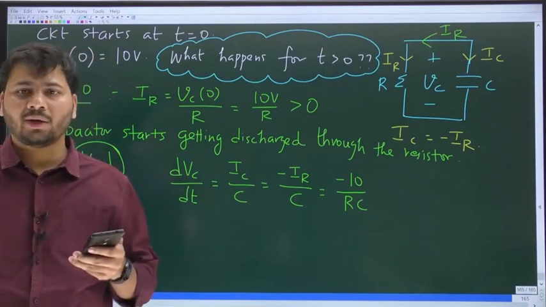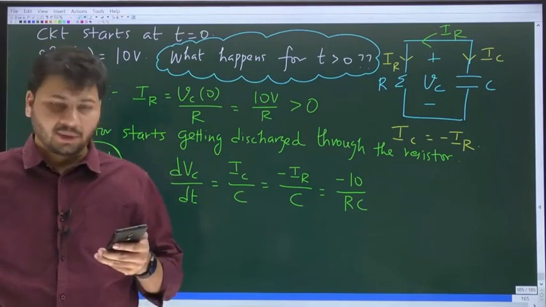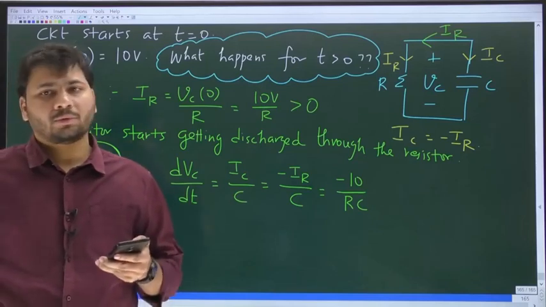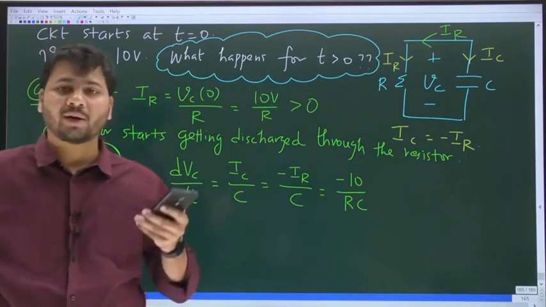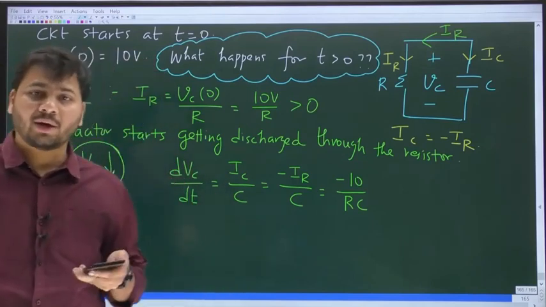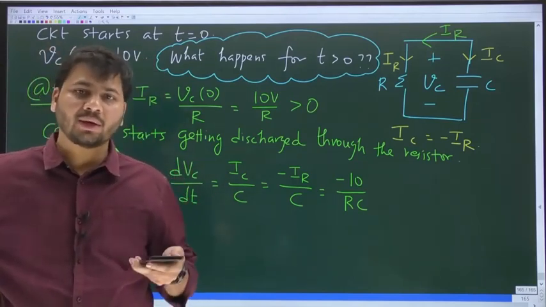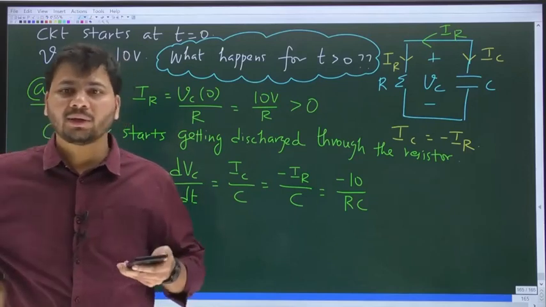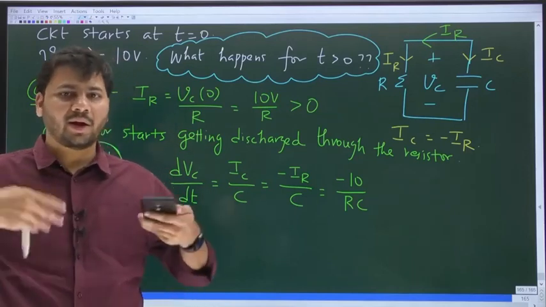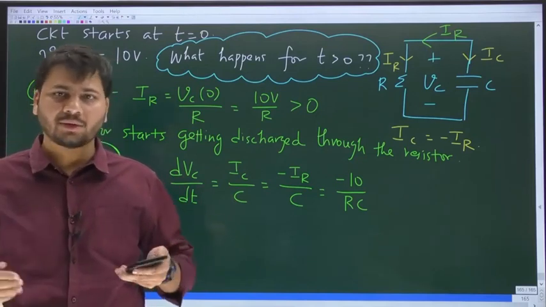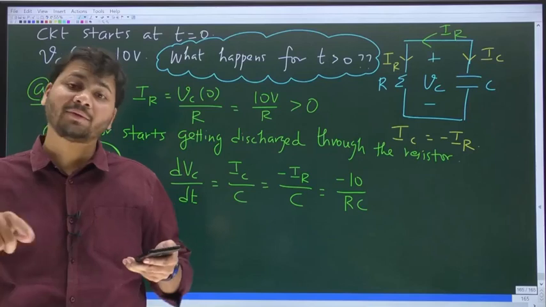Now you understood why I am asking this question. You should not say minus 10 by RC. Already I am saying rate of decay. When I use the word decay, it is understood that Vc will decrease with time. Again, rate of decay cannot be negative. The rate at which capacitor voltage will decrease will be positive.